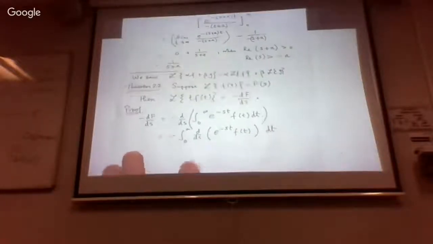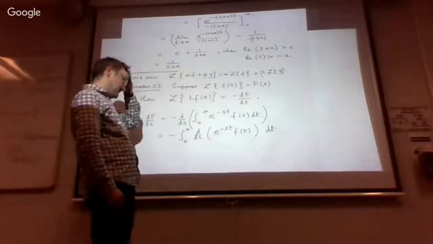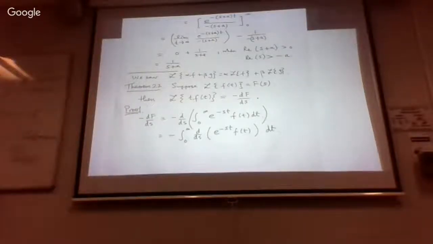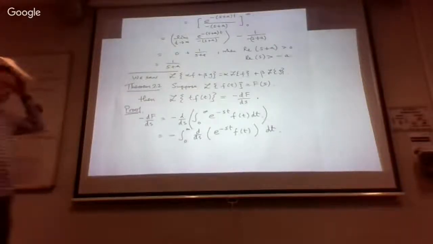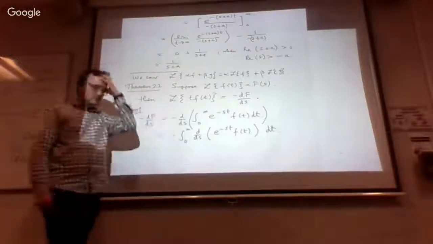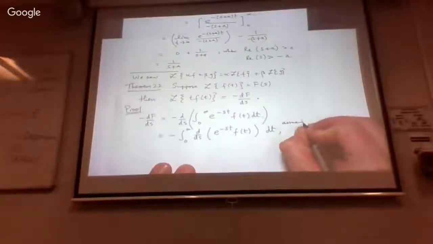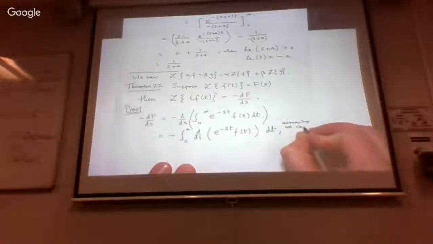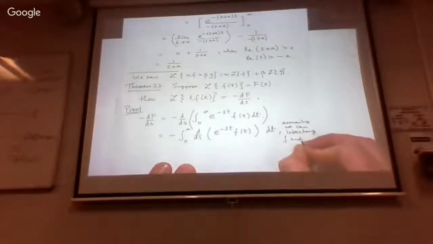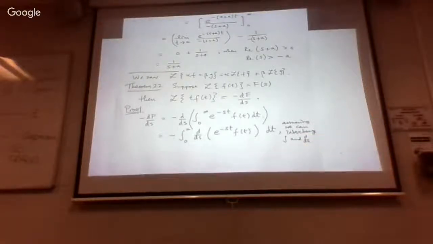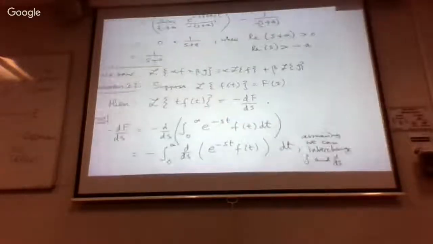We can interchange the order of differentiation and integration. Now you mightn't universally be able to do that. There might be convergence issues to deal with, but we're not going to get bogged down in those technical matters. So assuming we can interchange the integration and the differentiation with respect to s.